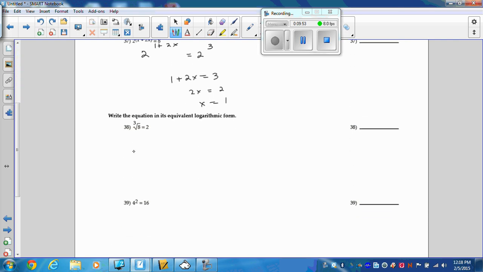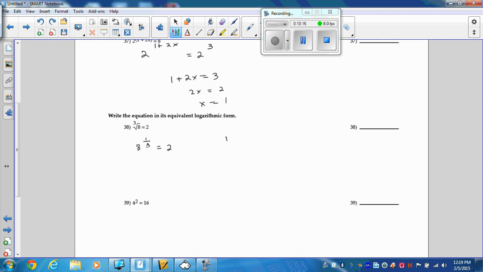So in question 38, write the equation in its equivalent logarithmic form. So this is going to be 8 to the 1/3 equals 2. Notice how I changed that to the 1/3 power. Okay. Now I'm ready to use this as my base.